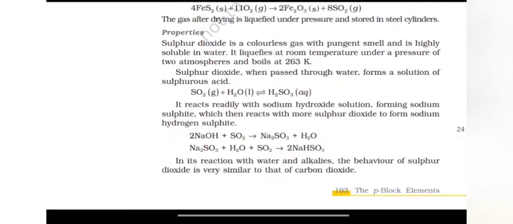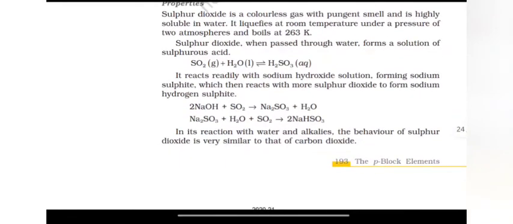Sulfur dioxide, when passed through water, forms a solution of sulfurous acid. SO2 plus H2O gives H2SO3. It reacts readily with sodium hydroxide solution, forming sodium sulfite, which then reacts with more sulfur dioxide to form sodium hydrogen sulfite.